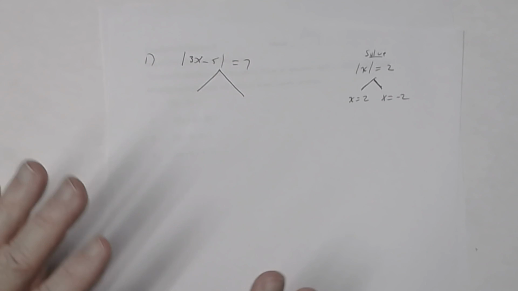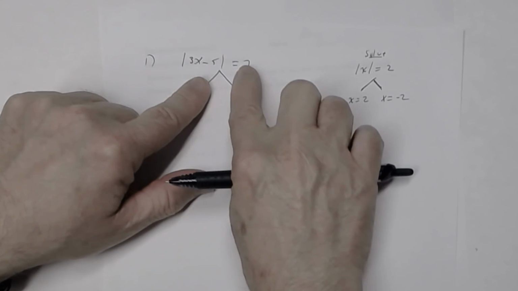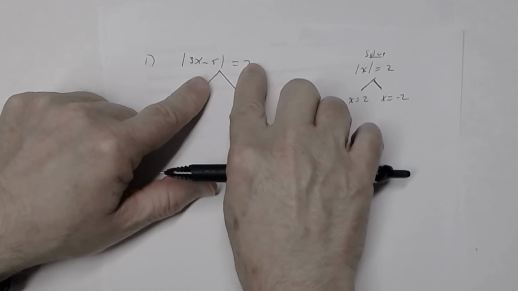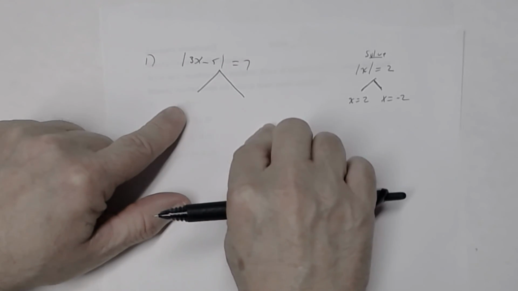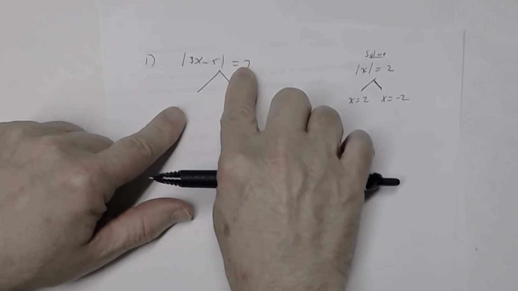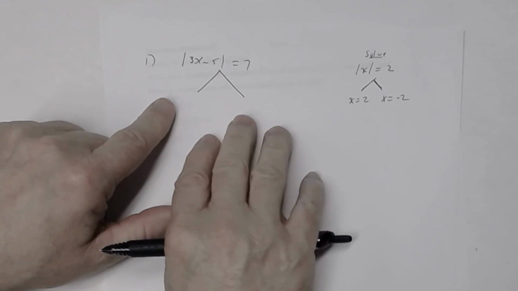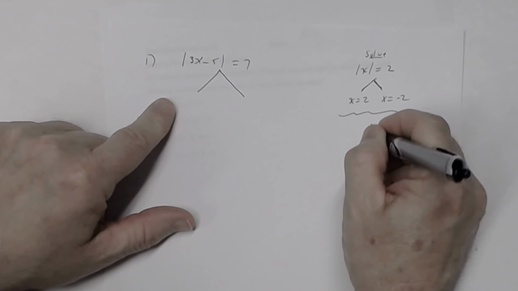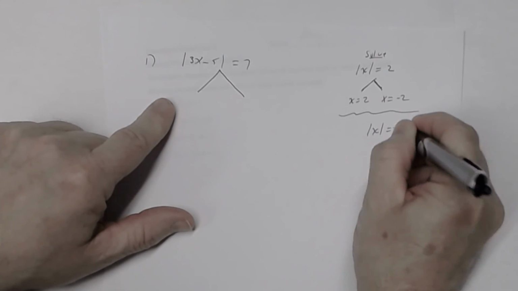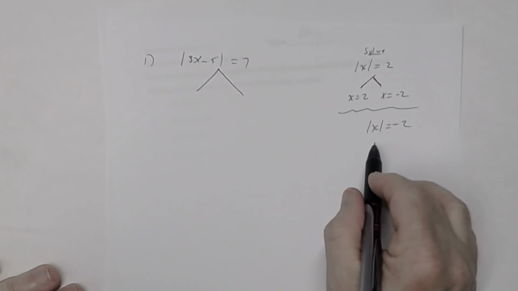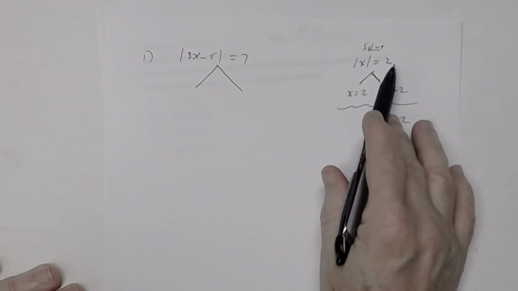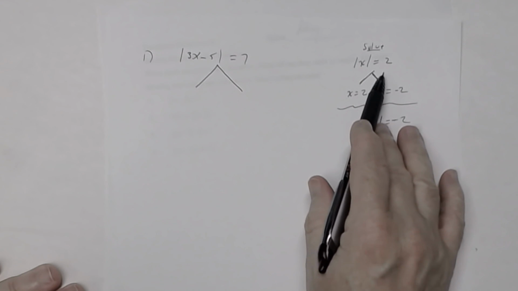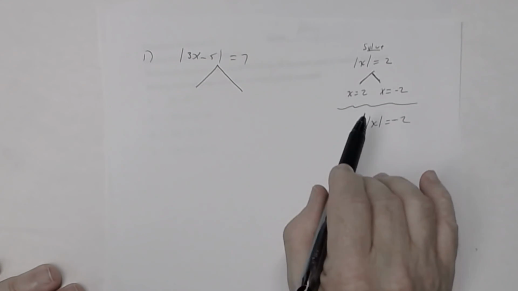In that case, it makes it easy, because you look at this number right here, and if this number is positive or 0, you're going to get solutions. If this number is negative, then right away there's no work. You're going to say no solution. So for example, we looked at this before as well. The absolute value of x equals negative 2. There is no solution, because remember the definition of absolute value: the distance that a number is 2 units from 0.